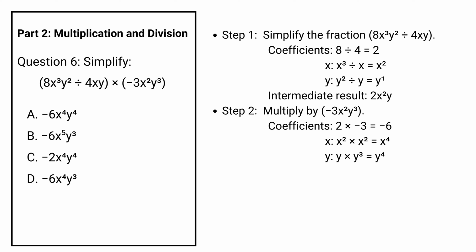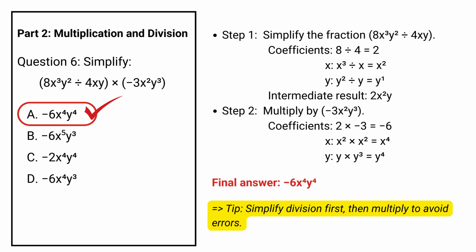Next, multiply by negative 3x squared y cubed. 2 times negative 3 equals negative 6. X squared times x squared equals x to the 4th, and y times y cubed equals y to the 4th. Final answer. Negative 6 x to the 4th y to the 4th. Always simplify the division first. It saves you from messy exponents later.